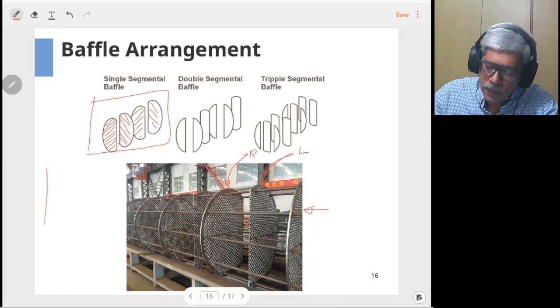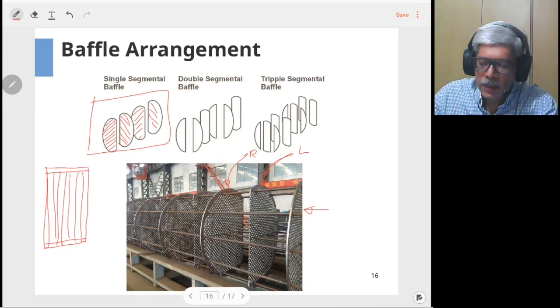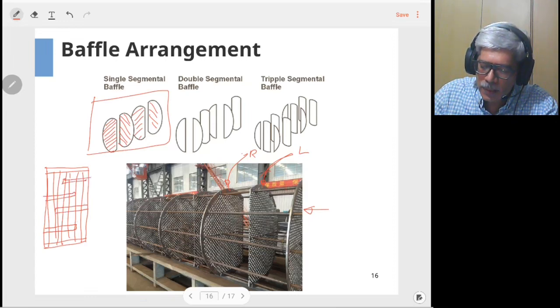If you look from the top, so if these are the tube sheets and the tubes are arranged in this manner, in this particular arrangement the baffles are as shown here. This is one baffle, this is another baffle, third baffle, and so on.